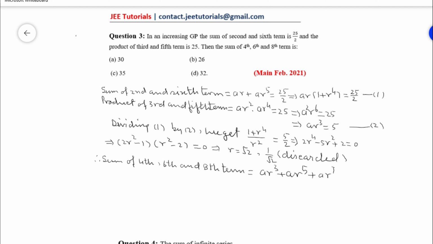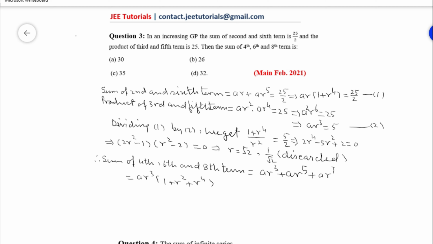Now this will be equal to AR cube common into 1 plus r square plus r to the power 4.